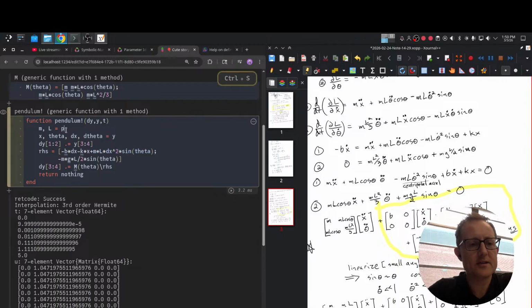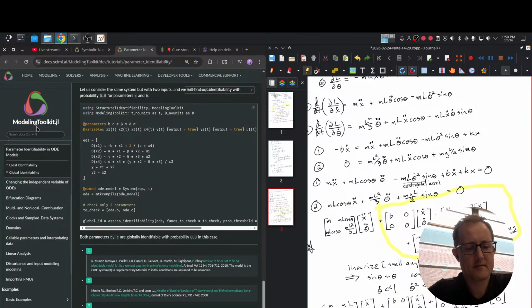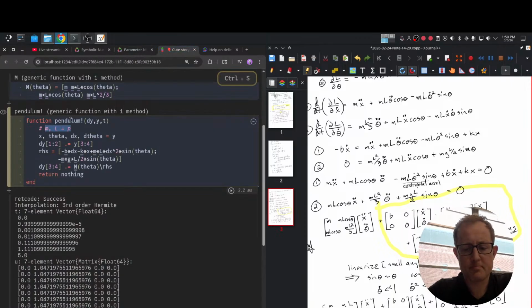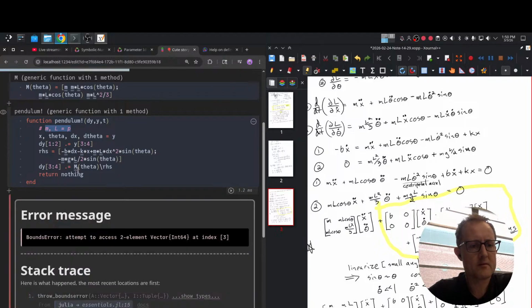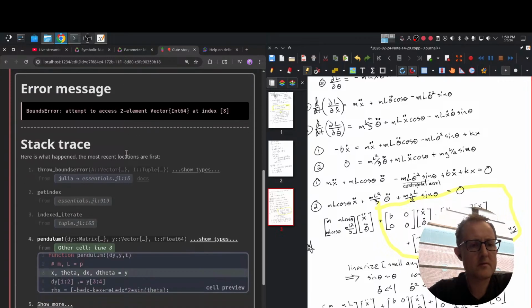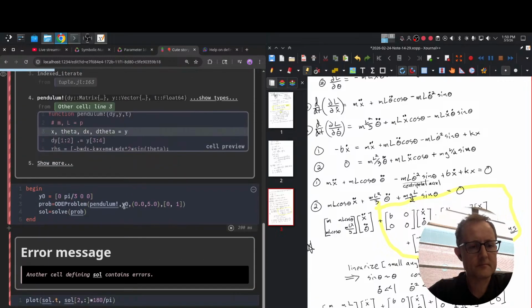Can I just do this? So this has 4 values in it.